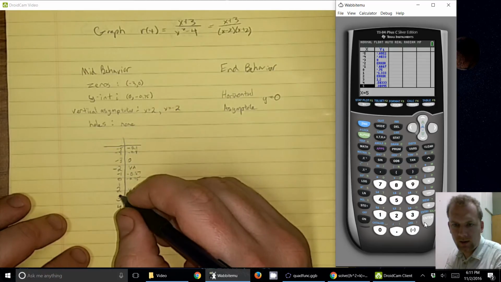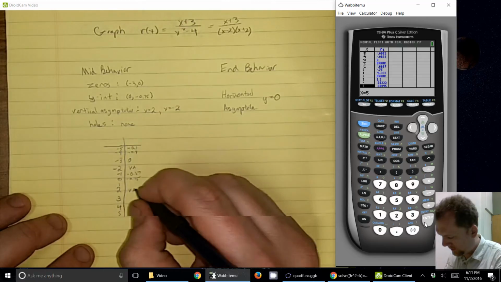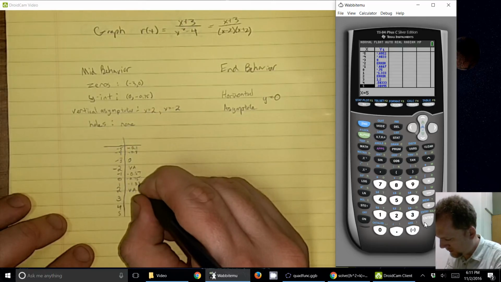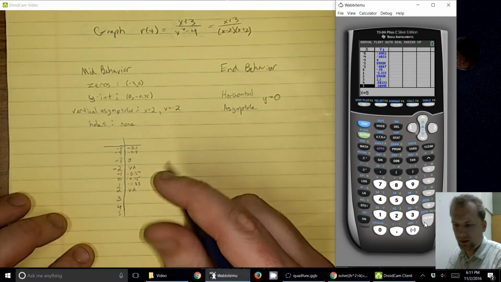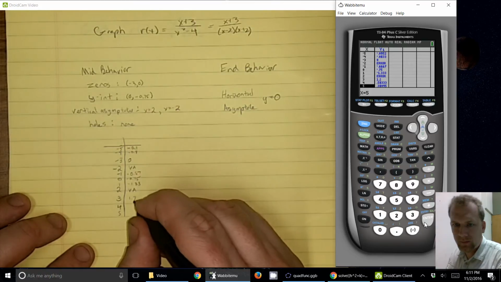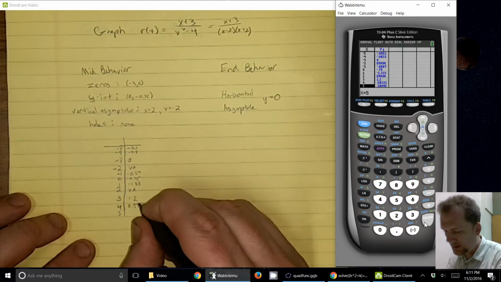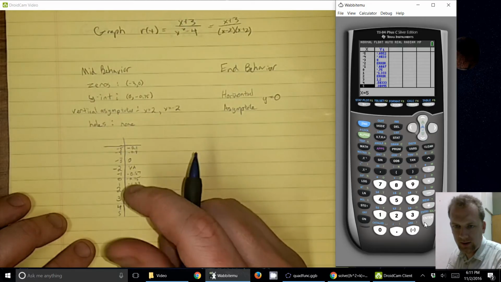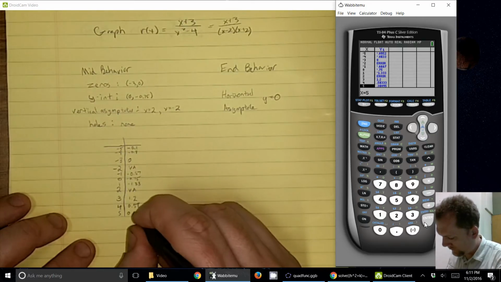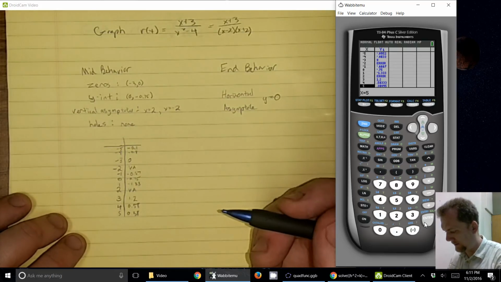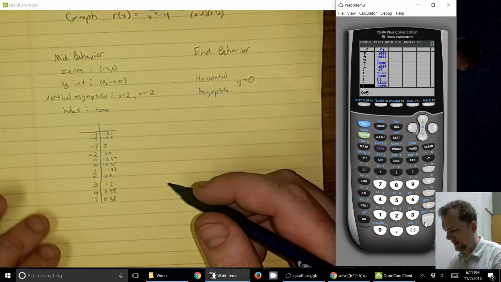At 1, I'm getting -1 1/3. Then at 3, I get 1.2, then 0.58, and then 0.38. All right, so that's kind of a weird table, but hey.